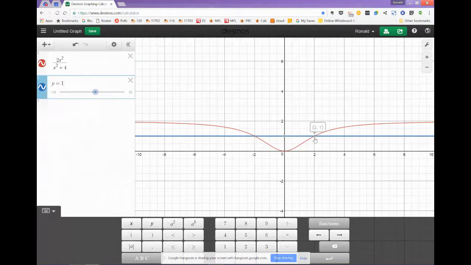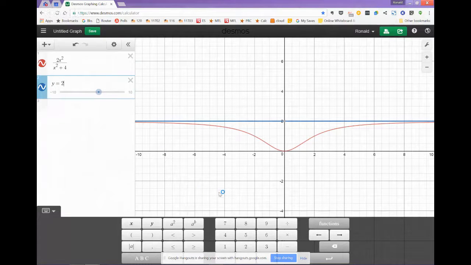So where does it equal? At -2 and 2. When is it greater? When it's less than -2, this part out here, and when it's greater than +2. Okay? Now, part B says, what about 2? So this time, let's change this to 2.